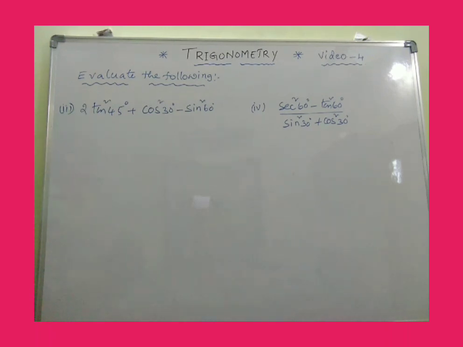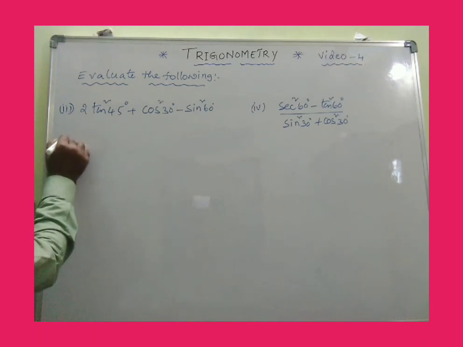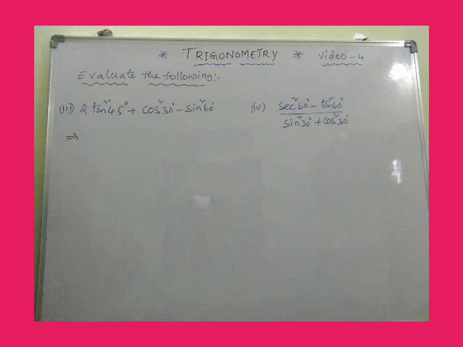Next, 2 tan square 45 degrees plus cos square 30 degrees minus sin square 60 degrees. It is very simple when you know their values. If not, you will face a little problem. That is why my sincere appeal to you all is to learn all these formulae, especially the table I have shown you recently.